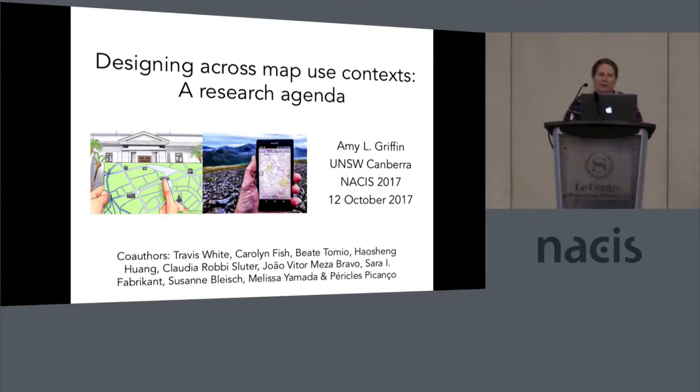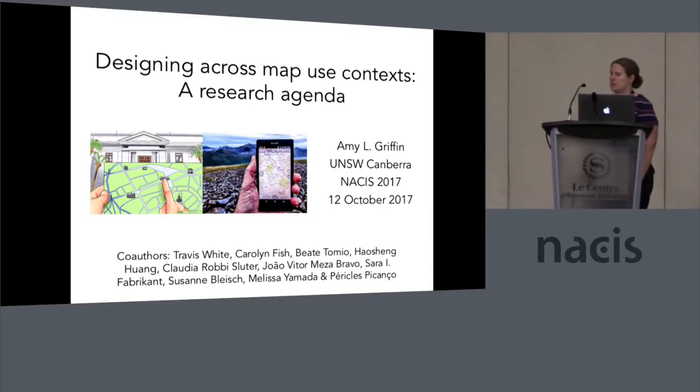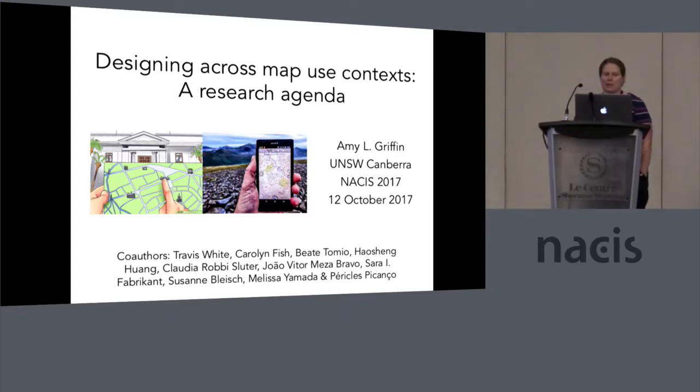Okay, so here on this slide you see two different uses of maps, right? They're both maps that are used for wayfinding or figuring out where you are, but the devices that we use are different. The environments are different. In one case, you're in an urban environment. The other case, you're out somewhere in a natural environment. So there's a lot of differences between these two maps that have some similarities in terms of how they're used.